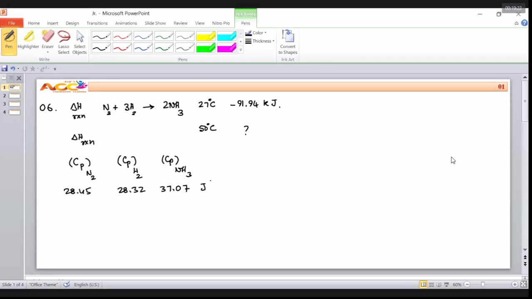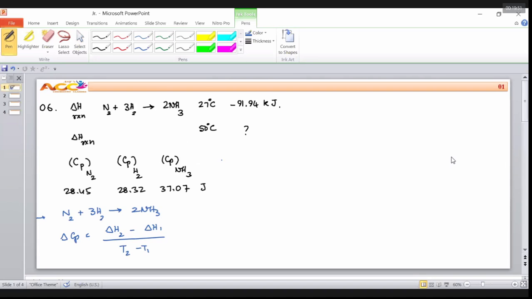How to proceed? Very simple, sir. First of all, we proceed for the reaction. Come on, write the reaction. Nitrogen plus 3 moles of hydrogen gives you 2 moles of ammonia. Del Cp is equal to del H2 minus del H1 by T2 minus T1.